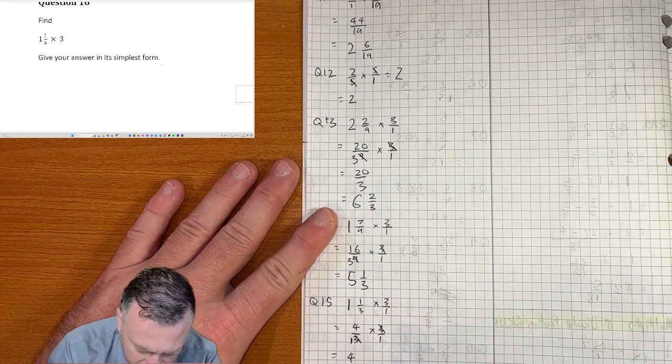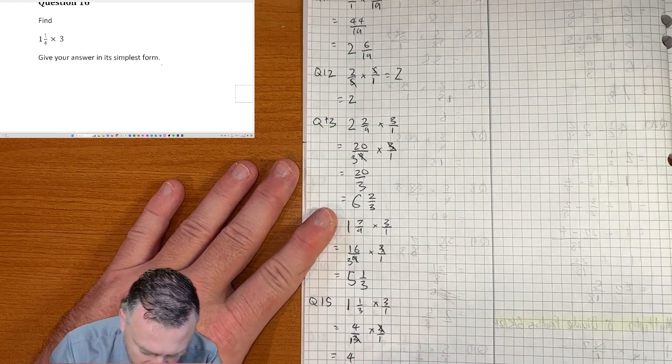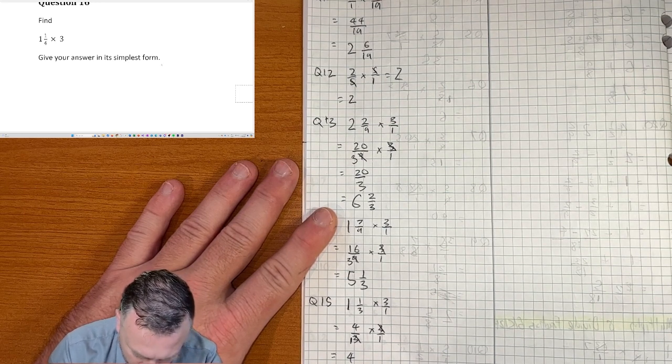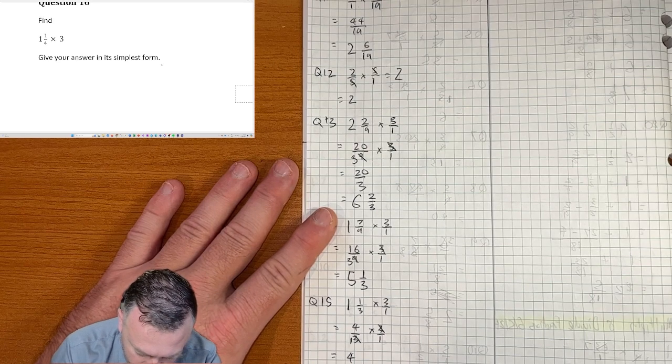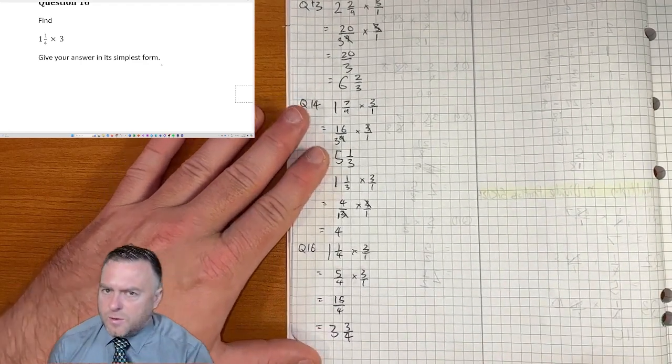One times 4 is 4, plus 1 gives you 5 on 4, times 3 on 1. Then gives you 15 on 4. 4 goes into 15 3 times. And then you're going to have 3 left over. 4.